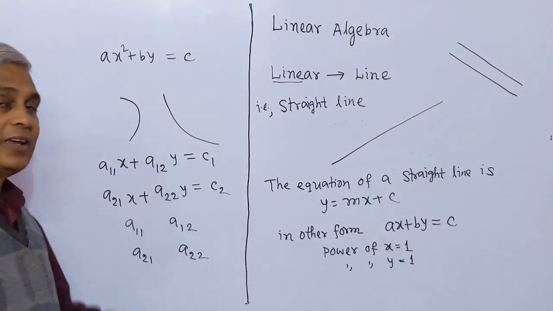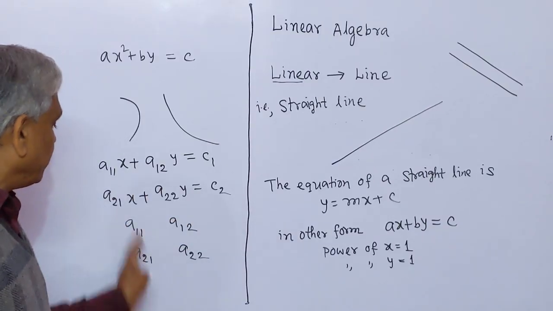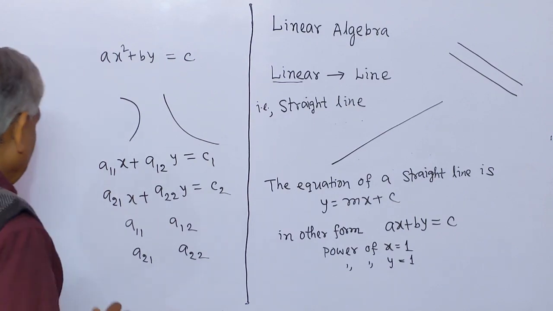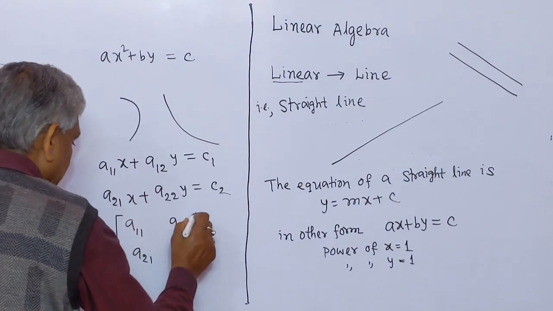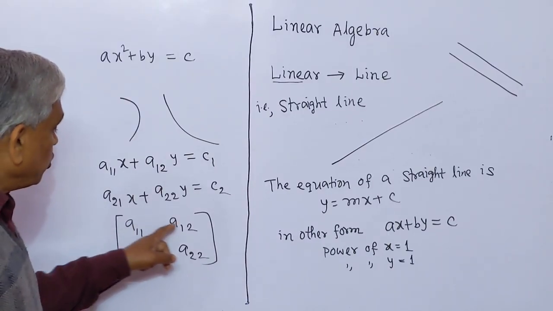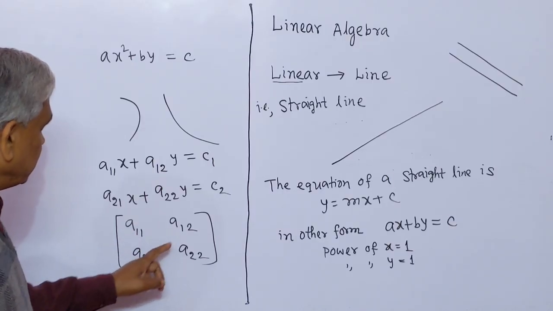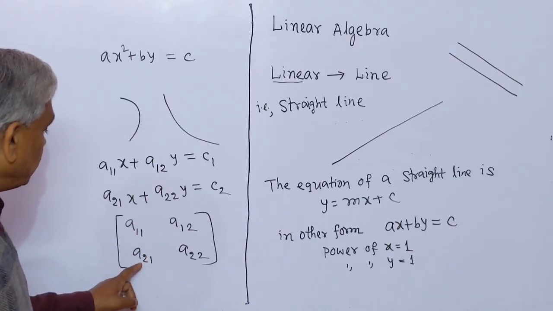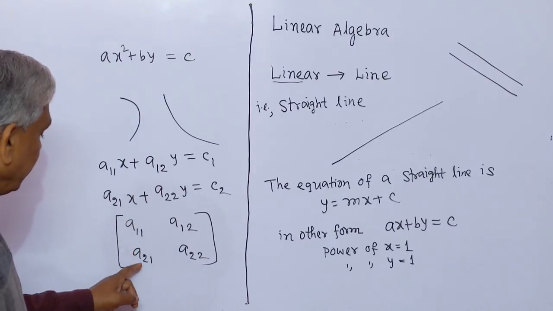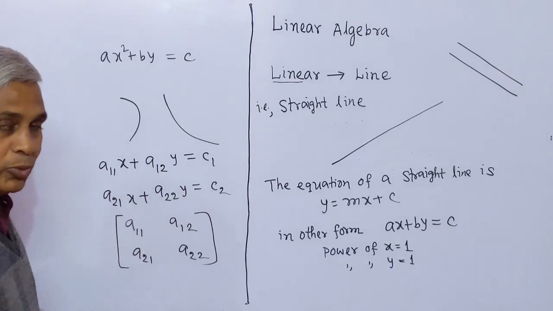If we arrange these coefficients in two rows and two columns, as we have arranged here, and give brackets of this type, then here we have two rows. The first row contains a11, a12. The second row contains a21, a22. The first column contains a11, a21. The second column contains a12, a22.